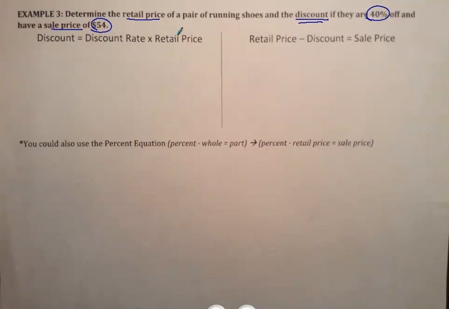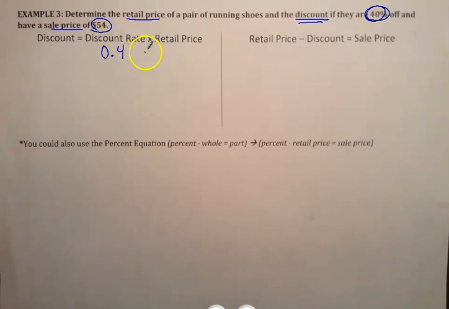Okay, so do we know the discount? We do not know the discount amount this time. Do we know the discount rate? Yes, right? That's the 40% here. Good. So this is going to be 0.4. Do we know the retail price? No, we don't.